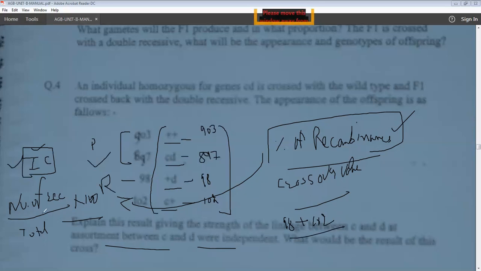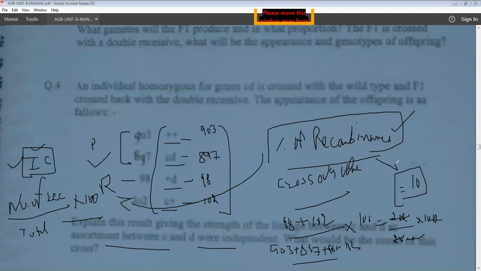These are the number of recombinants divided by the total, that is 903 plus 897 plus 98 plus 102. Multiply by 100. That will give us 200 by 2000 into 100. So overall, that will give us 10.